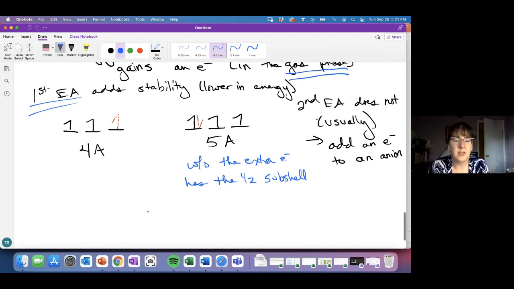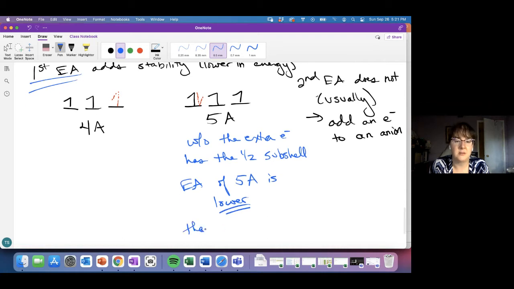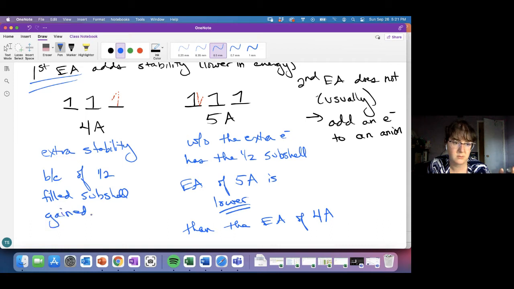So the electron affinity of 5A is lower than the electron affinity of 4A. 4A basically gets extra stability because of the half-filled subshell gained with the extra electron.